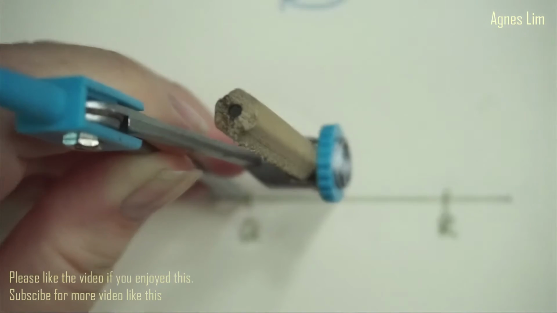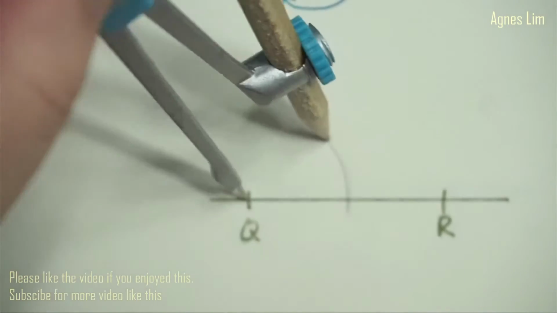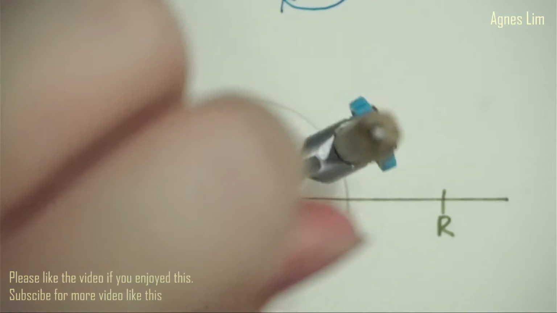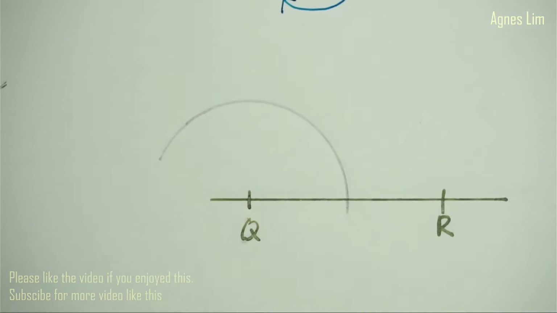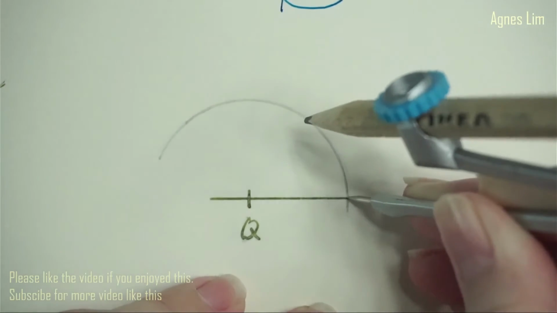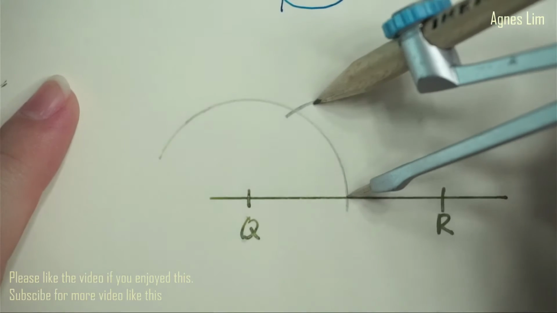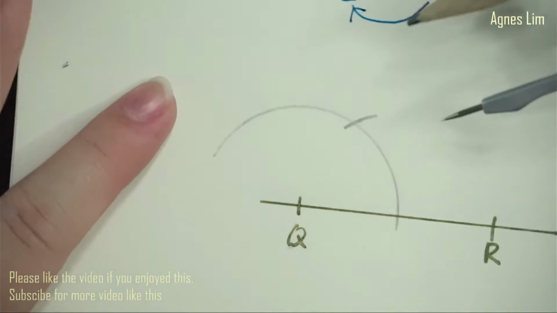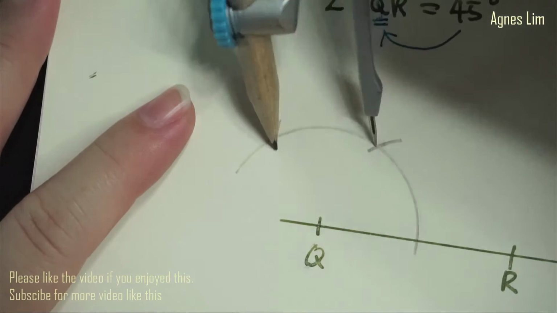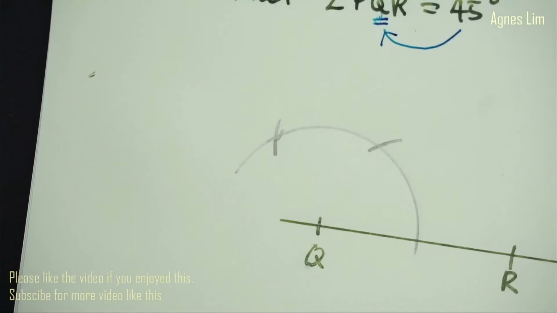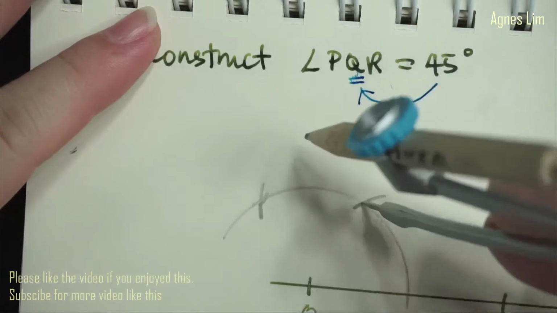Okay, so the big arc, and then move over, 1 for 60, and the other one for 120. Then we do the X.